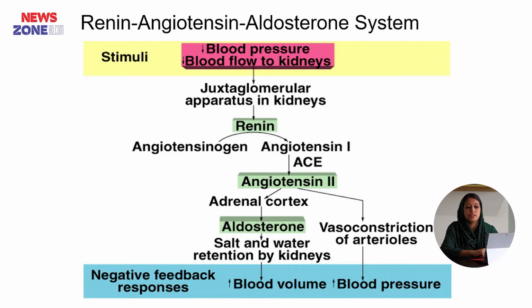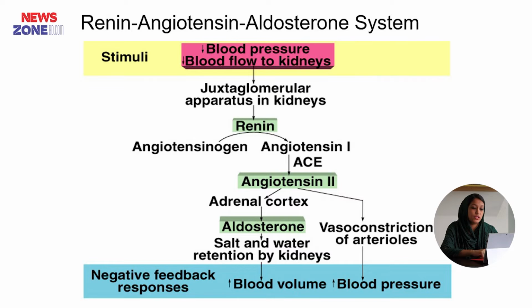Now, the renin-angiotensin-aldosterone system. When blood pressure decreases and blood flow to the kidney decreases, the juxtaglomerular apparatus of the kidney is stimulated, which causes secretion of renin. Renin causes angiotensinogen to convert into angiotensin 1, and angiotensin 1 is converted to angiotensin 2 by angiotensin converting enzyme.